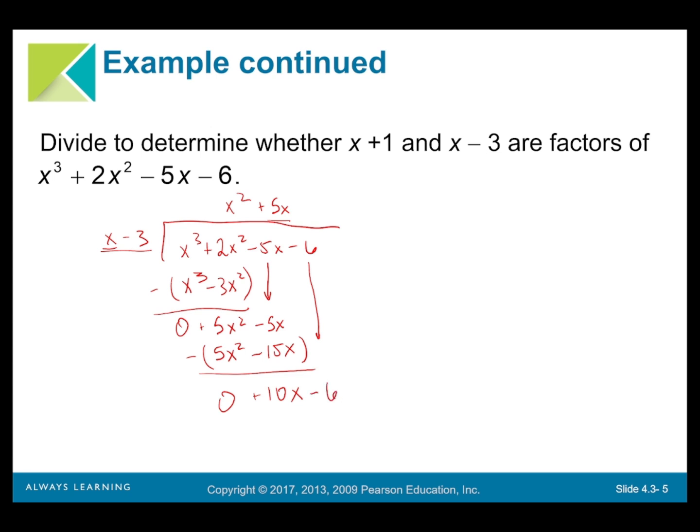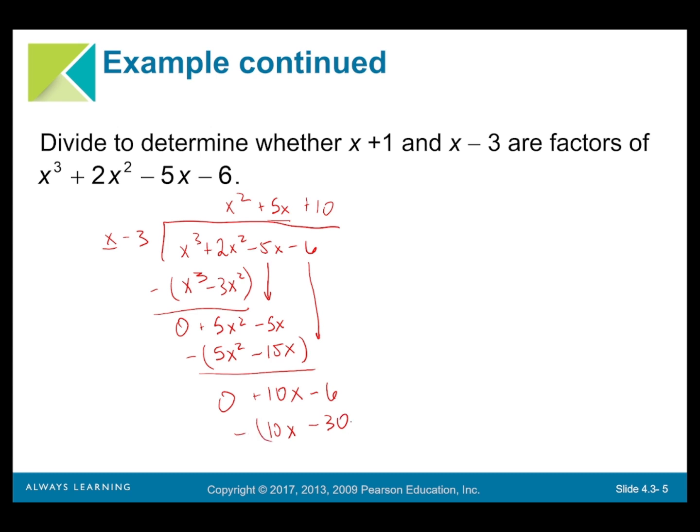Okay, last time. What times x gives me 10x? Well, that's clearly just 10. So I write a plus 10 at top, and then I do 10 times x minus 3. So 10 times x is 10x, and 10 times minus 3 is a minus 30.